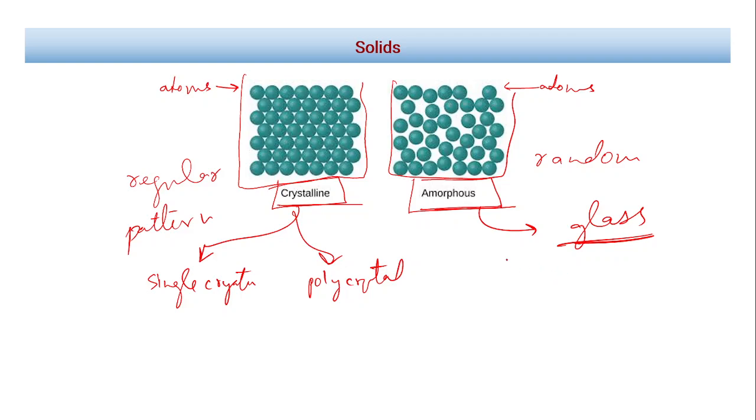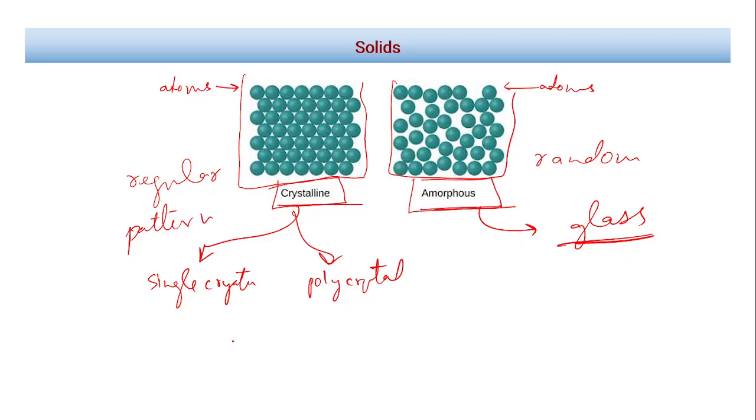They are not arranged in a regular pattern, and that leads to their different characteristics, such as being brittle, whereas crystalline materials are tougher, with other characteristics which come into the picture when they show crystalline behavior.